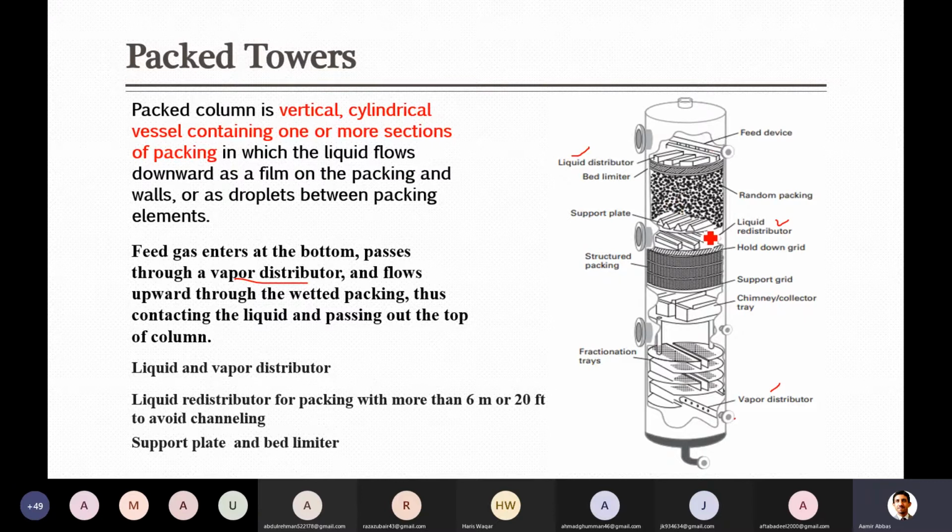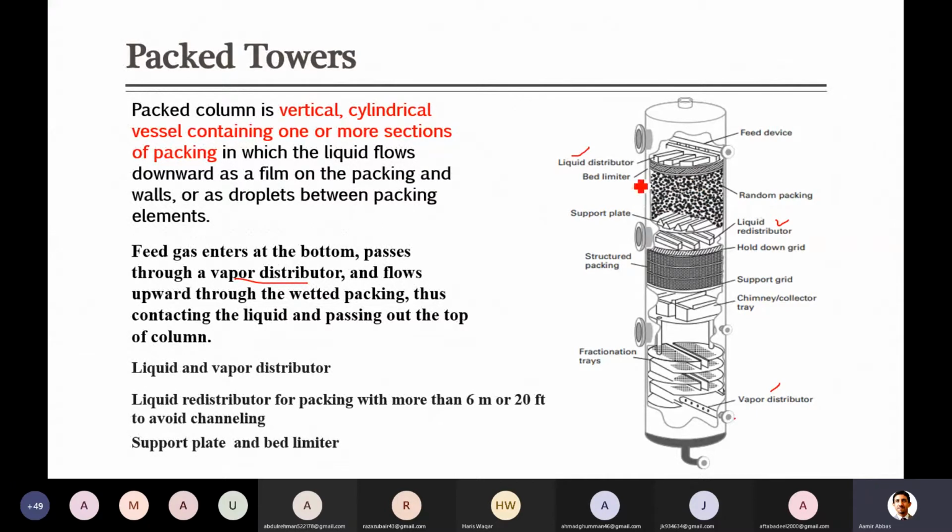And because through these columns overall liquid flows down but vapor moves towards the top, and they operate at high pressure, if you don't cover the surface of the packing from the top, it can also move, like it will not stay at the proper place.